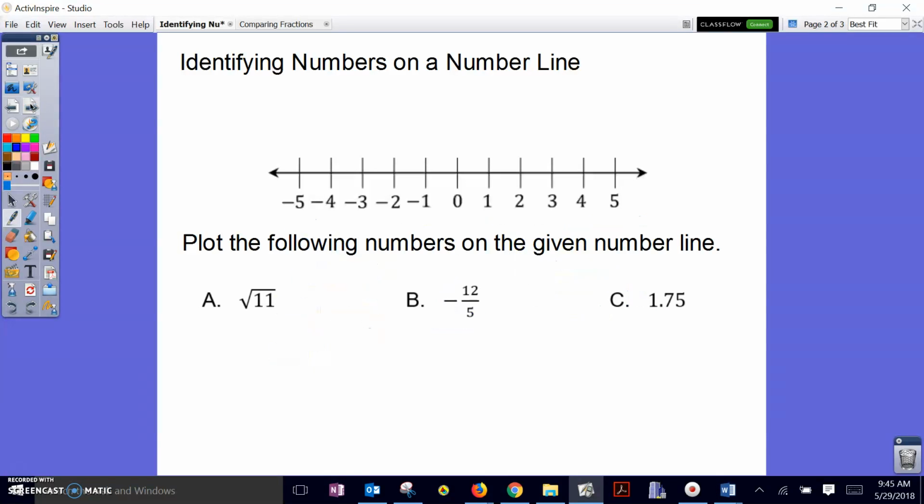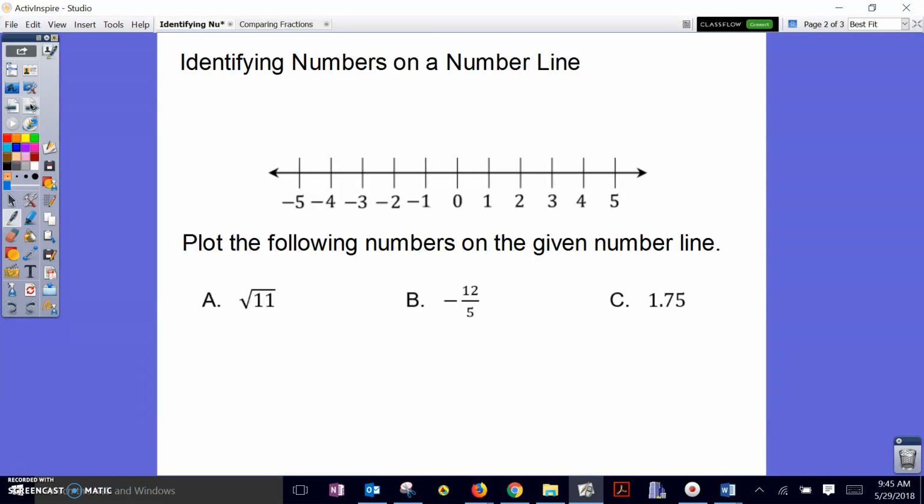All right, we're now going to plot the following numbers on the given number line, and we're going to start with the square root of 11 in part A. Now, where is the square root of 11? Where does it fall on the real number line? There's a couple of different ways that we can think about this. First of all, we can think about square roots of perfect squares that many of us should know.